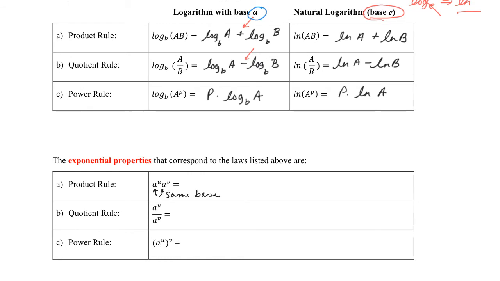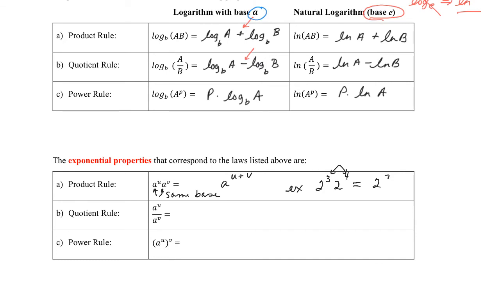So a raised to the u times a raised to the v is a raised to the u plus v. So for example, what's 2 cubed times 2 raised to the 4th? Well, that would be 2 to the 7th. You just add 3 plus 4.